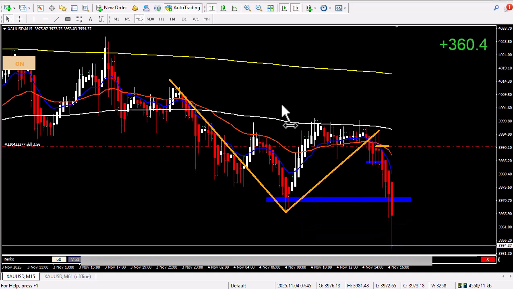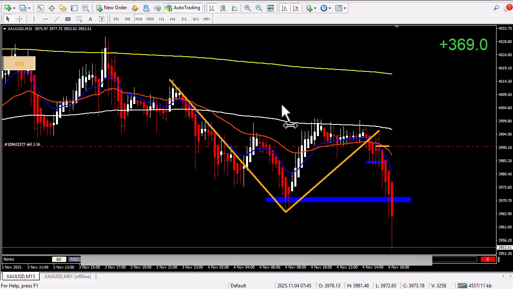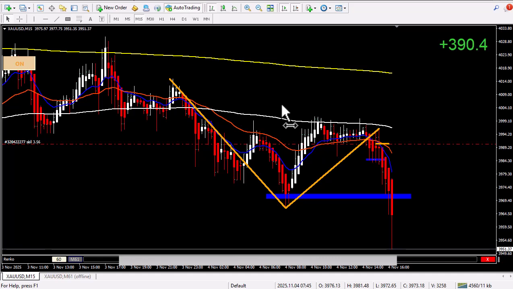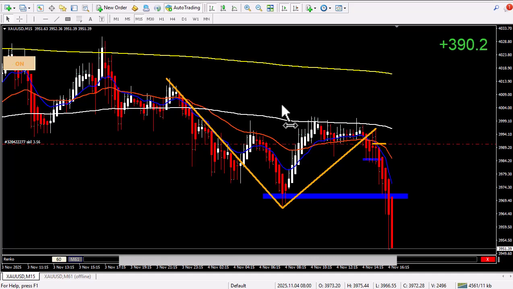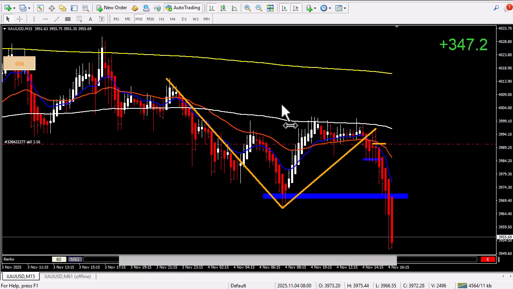You can see the classic chart. Once we take an entry on the Renko, then we manage everything on the classic time chart. Price is going with 400 pips. We are almost 25 to 26 times in profit.